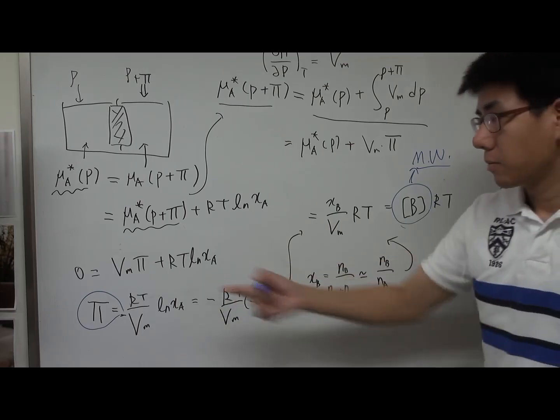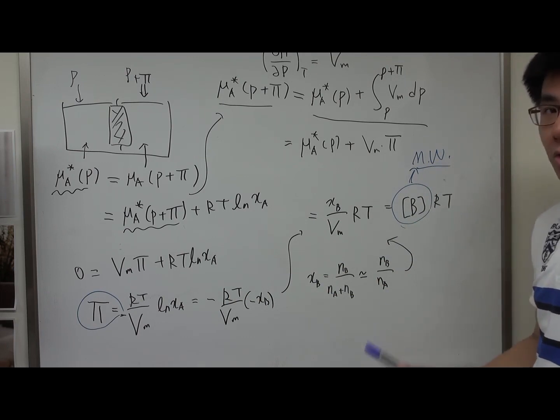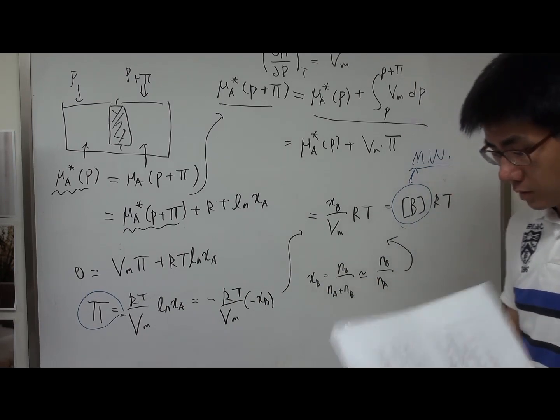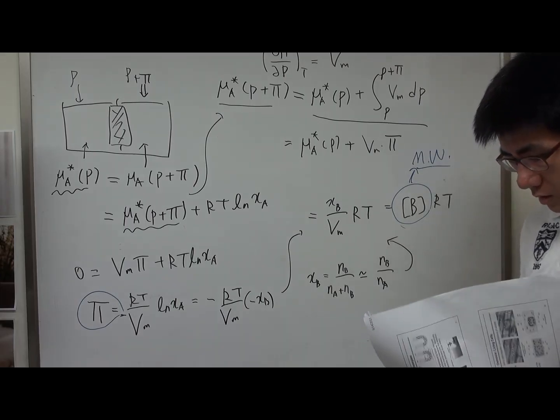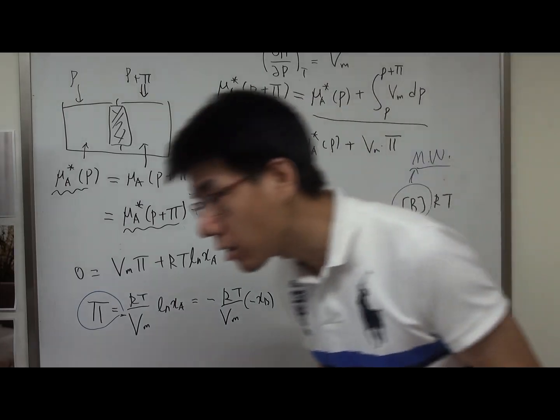So measuring osmotic pressure is one simple way to determine the molecular weight of an unknown solute in a solution. Alright, so this is the end of section 5.5.